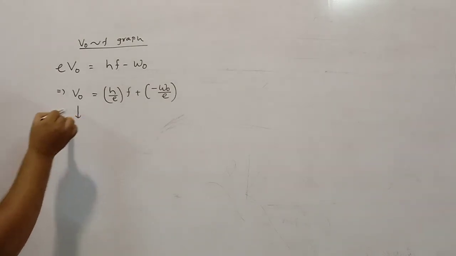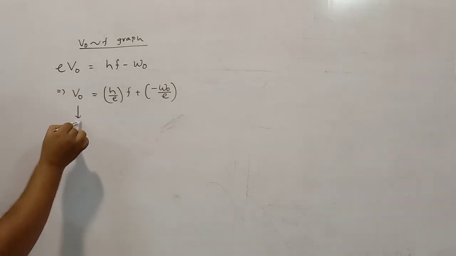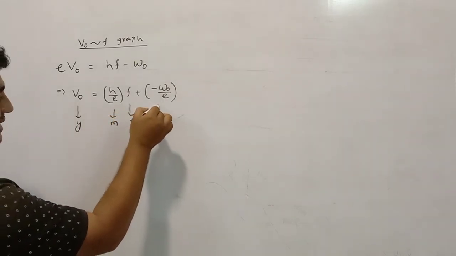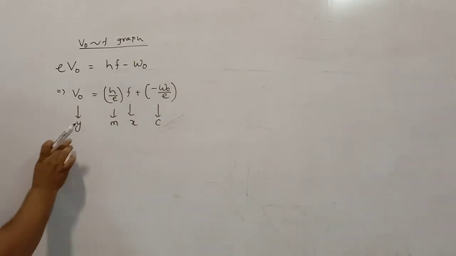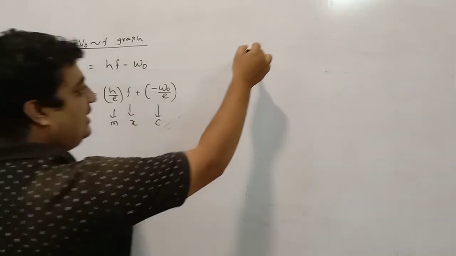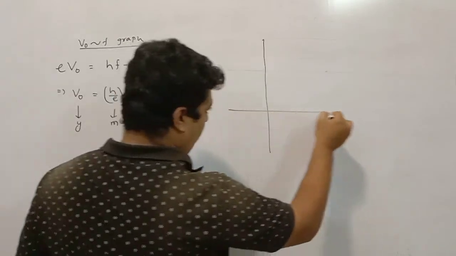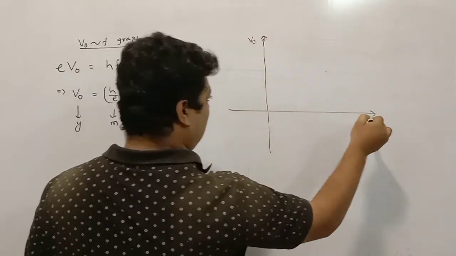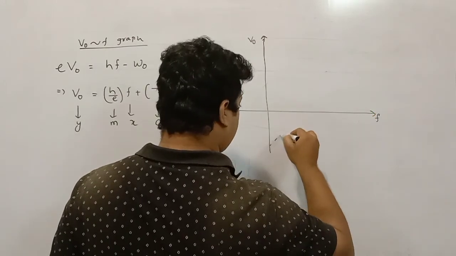If we compare this with the graph, it has the form y equals m x plus c, which represents a straight line. So, the V0 versus f graph is a straight line.